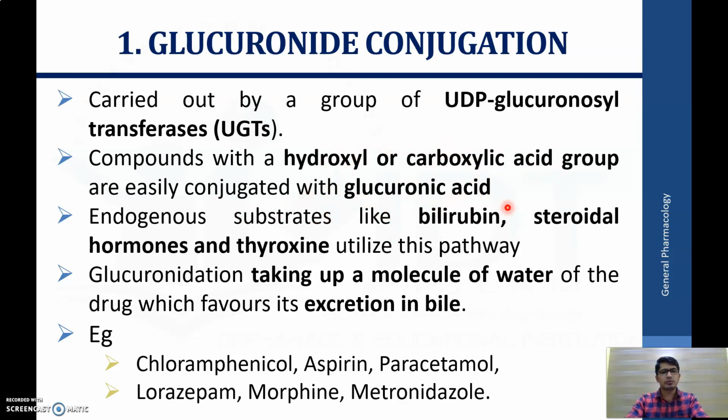Here the conjugating group is glucuronic acid, and drugs and also some endogenous substances like bilirubin, steroidal hormones and thyroxine utilize this pathway for metabolism, and glucuronidation increases the molecular weight of the drug, which favors excretion in the bile. Examples of drugs which are metabolized by glucuronide conjugation are chloramphenicol, aspirin, paracetamol, lorazepam, morphine and metronidazole.